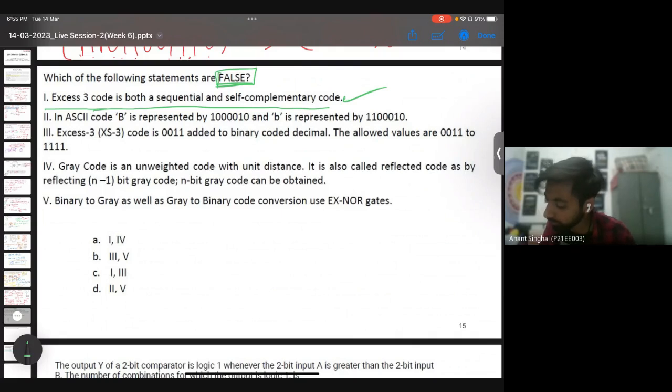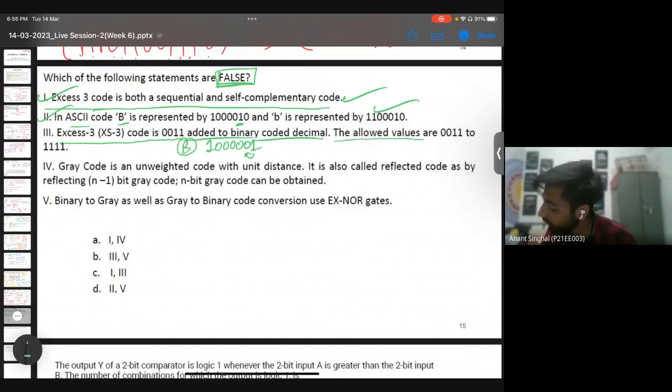It says that in the SKY code, B is represented by this one. We know that capital A is represented by this one, and then B is just this one shifted to the left. So this is also correct. The third option says that excess-3 code is 0011 added to binary coded decimal, which is the correct value.